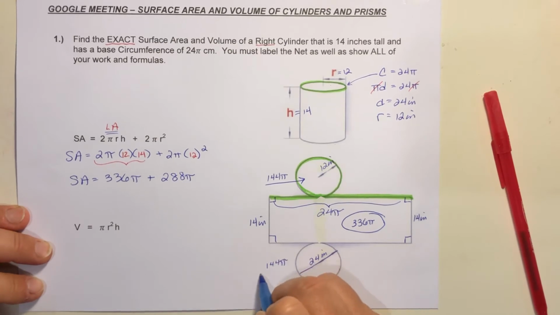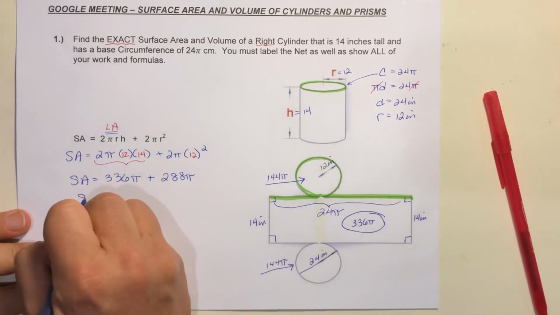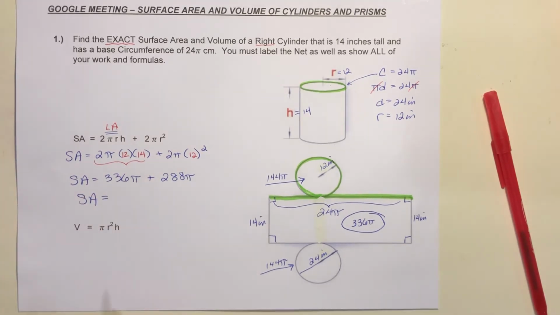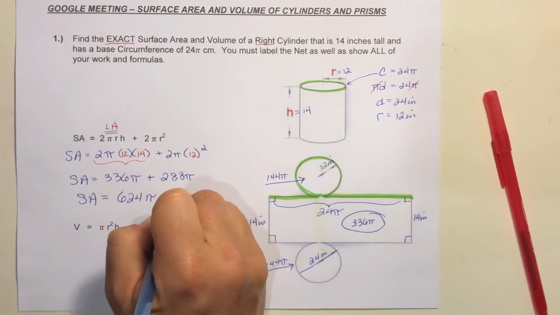Another circle, the other base, is also 144 pi. So what we're doing here, guys, is adding the lateral area plus 2 base areas. I'm going to take 336 and add it to 288. That's giving me 624 pi inches squared.